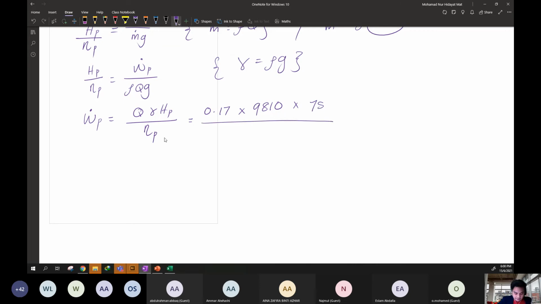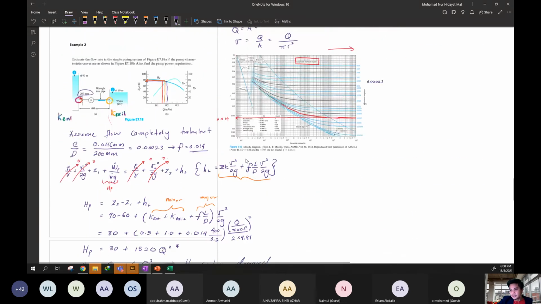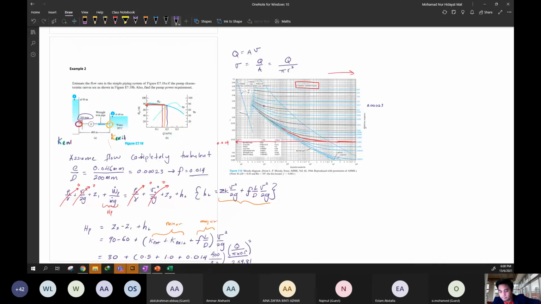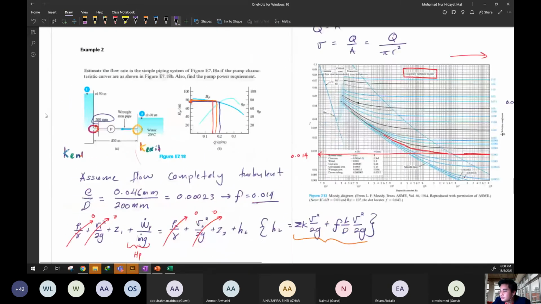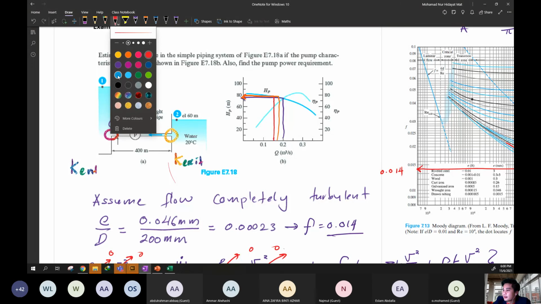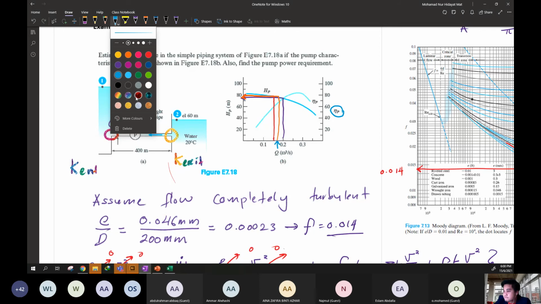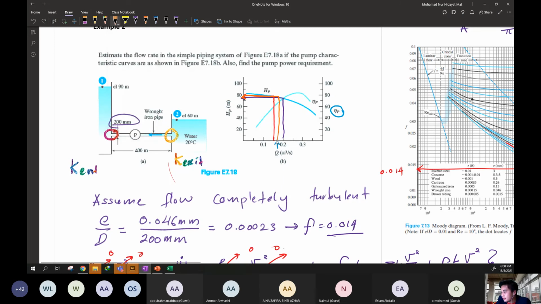Over the efficiency. How to get the efficiency? Anyone knows how to get the efficiency? Is the efficiency given or not given? Efficiency is given, but you need to use the 0.17 here.